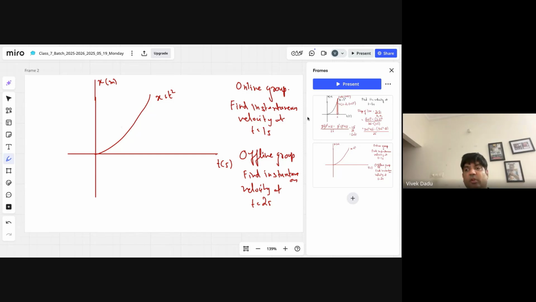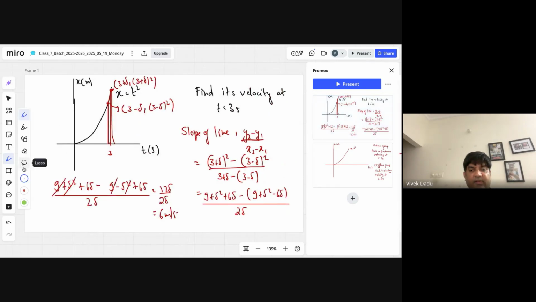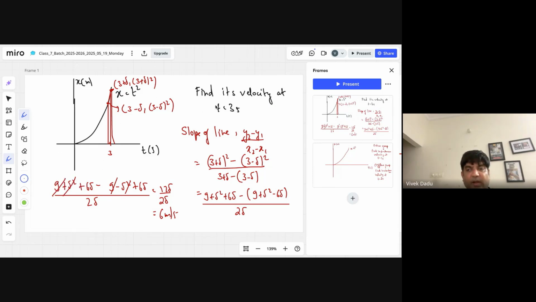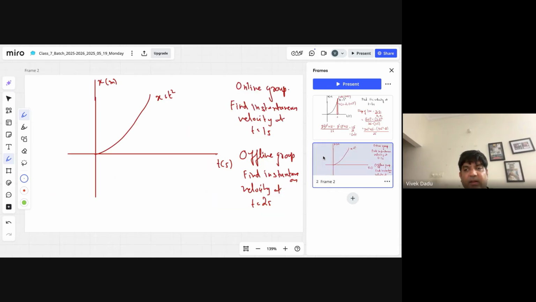Okay, now guys, notice one thing. Previously, at t equal to 3, we found the velocity as 6 meters per second. At t equal to 1, we found the velocity as 2 meters per second. That is what the online group did.